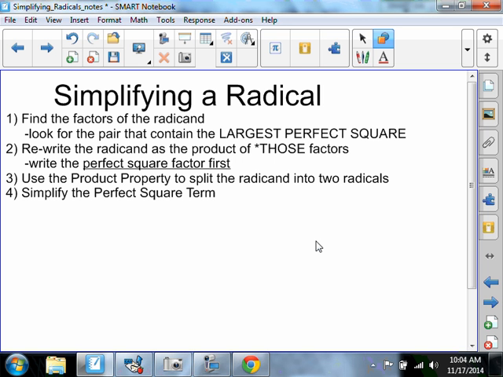And then in step 4 you'll have a square root with a perfect square in there, and that term is going to simplify. The other term is not going to simplify. And that'll be it. So it's a real simple 4-step process. People want to skip steps. People don't want to do number 1. People don't want to do number 2. Not doing number 2 is the reason that most people get these backwards. They're all really interconnected. But the most common mistake that people make is to put the wrong thing under the radical.